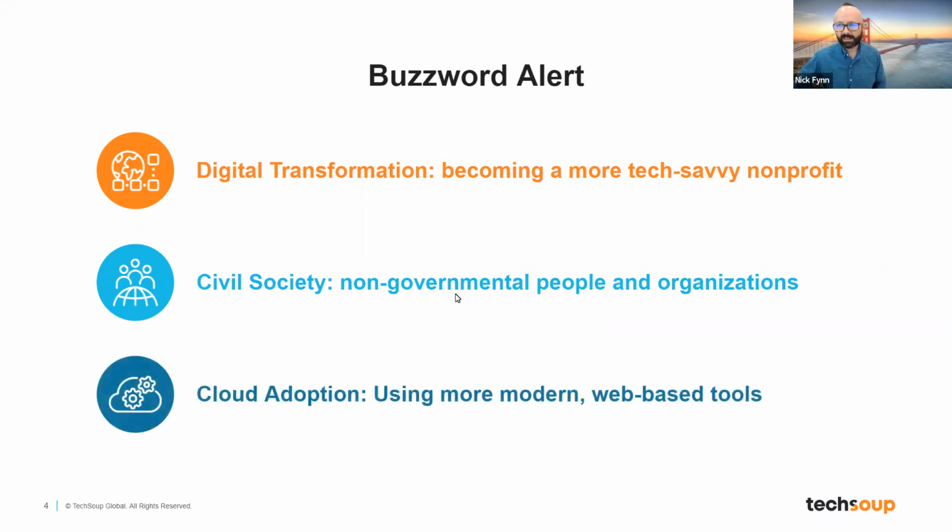And then finally, there's a specific term, and since we work in tech and close to the marketplace of tech a lot, that we hear a lot, which is cloud adoption. It doesn't need to be mysterious. When we talk about cloud adoption, we're really just talking about using more modern, web-based tools, as opposed to tools that you just download to your computer and use on your computer.